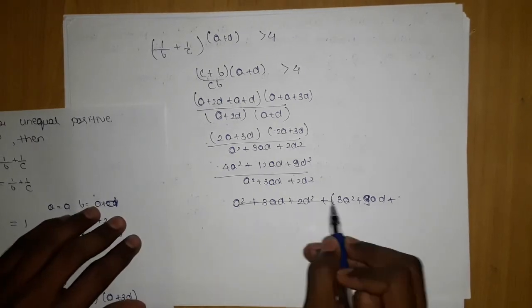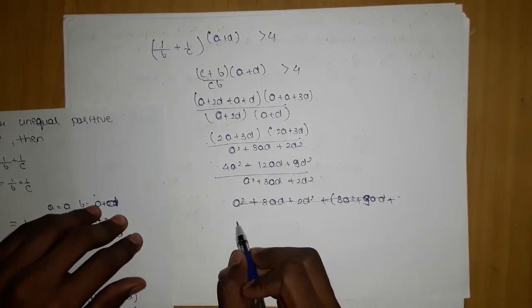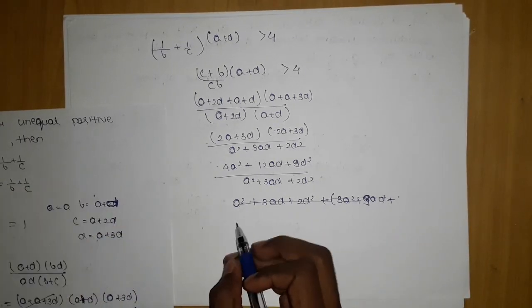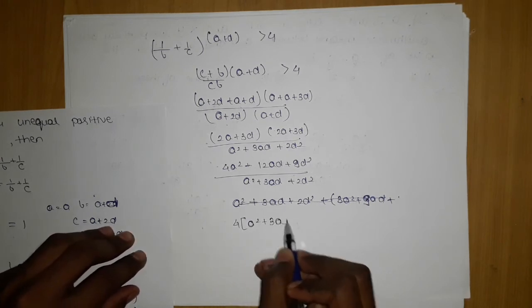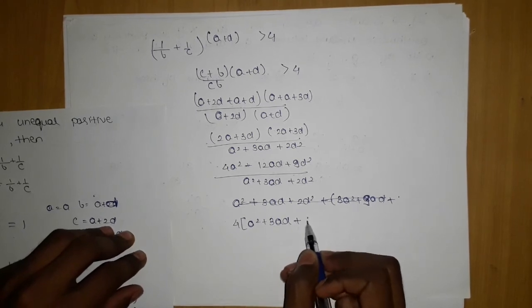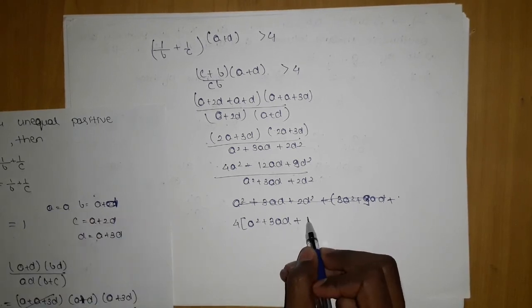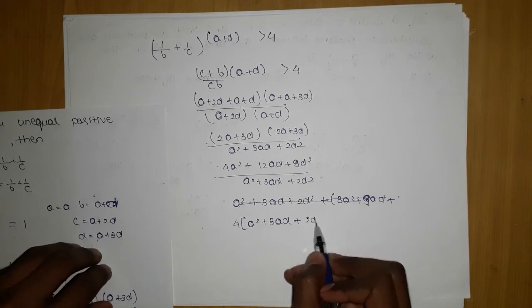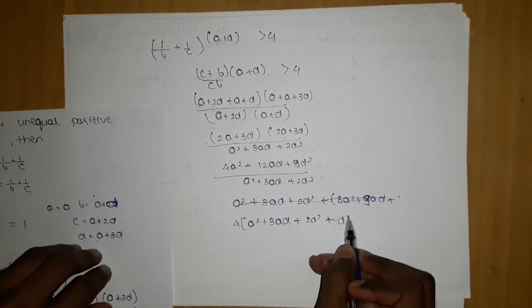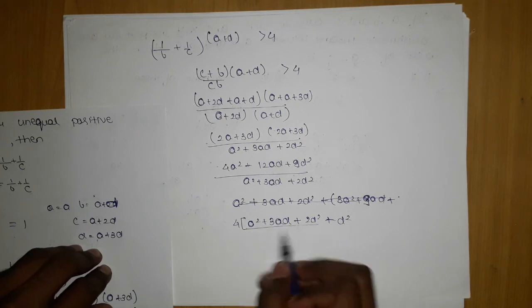We have to manipulate it like this. If I do this manipulation, observe this: if I take 4 common here, A square plus this will become 3AD. And this I will make 8. How will I make it 8? This will be 2D square, and I have to take 1D separately. Hope you understand what I am doing.